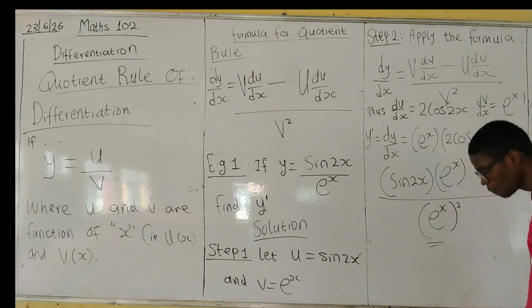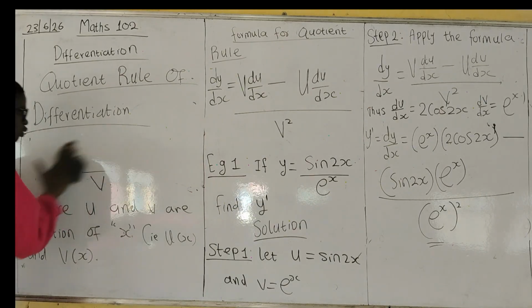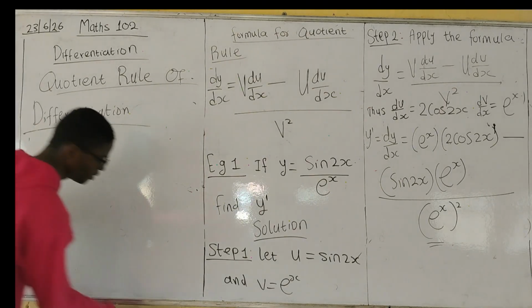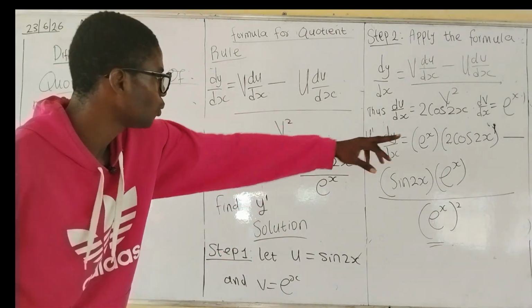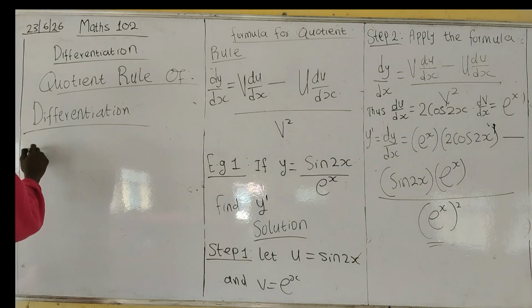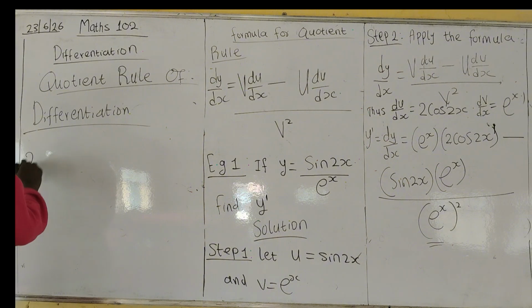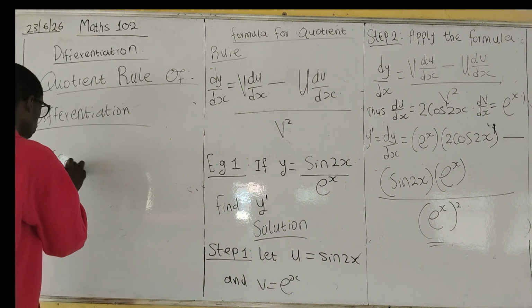But for clarity's sake, and to show a lecturer that you actually understand what you are doing, it is preferable you simplify it. You clean it up. So going for what we have up there, it will be exponential x, and you open the brackets to be 2 exponential x cos 2x.